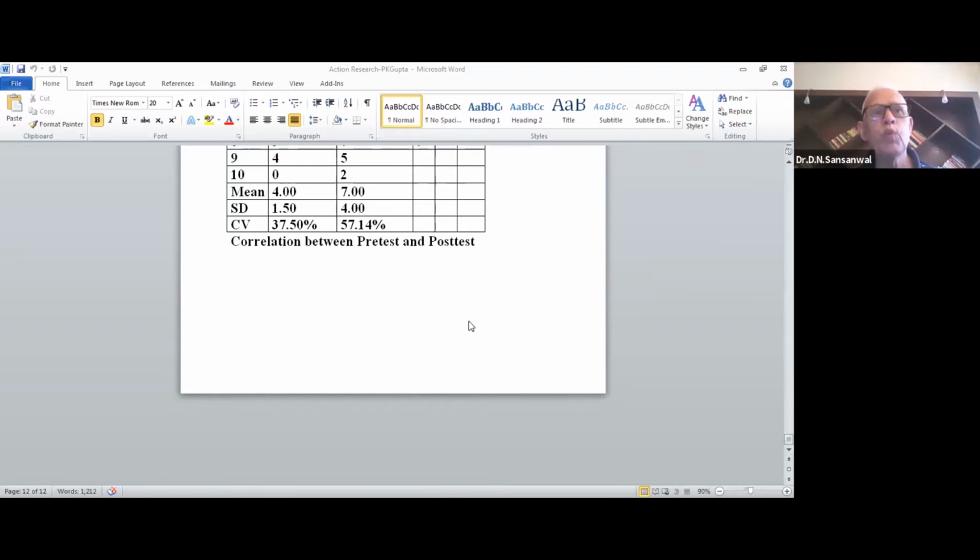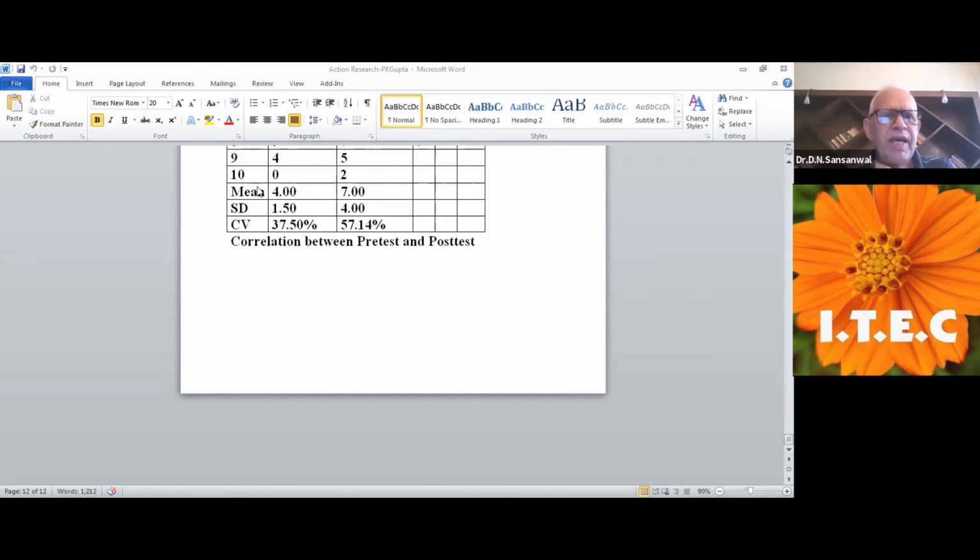If you want to do a very simple analysis, just calculate the mean and the standard deviation, and then you can calculate the CV. I have already given you the formula for computing the coefficient of variation.